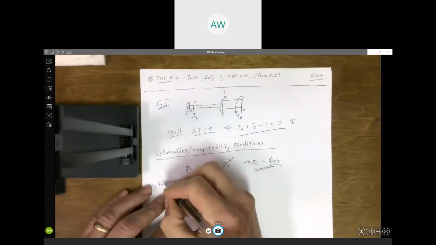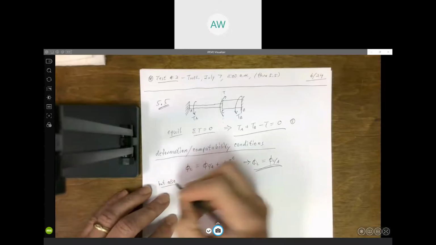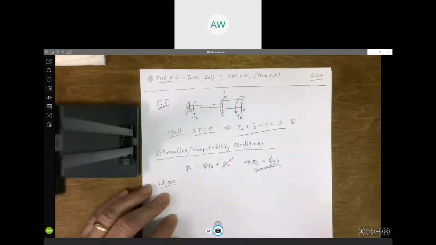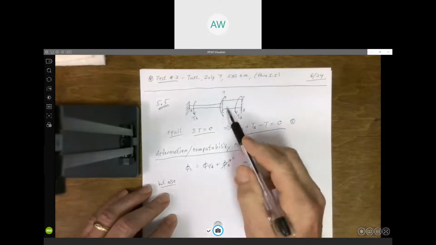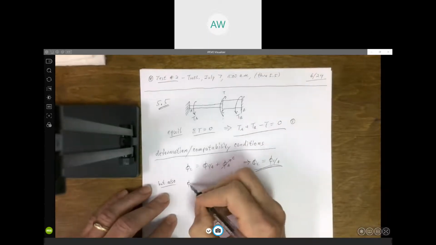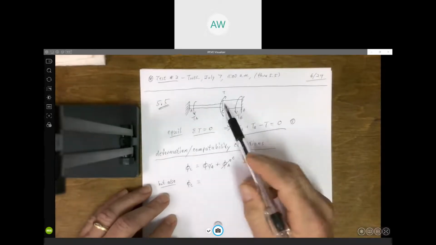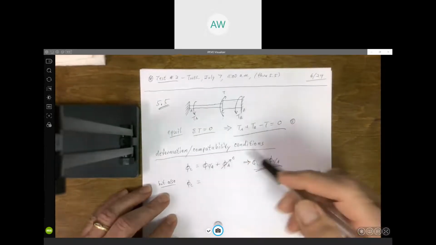But we also can do the same thing if we look at the right side of the shaft. And I know the angle of twist there at C has got to be equal to however much the section BC twists.